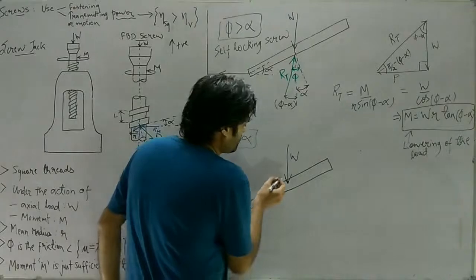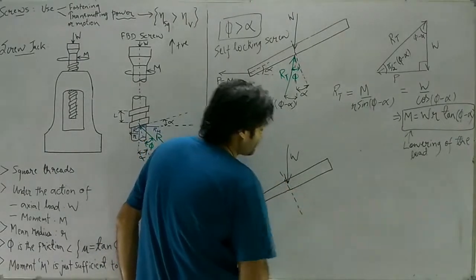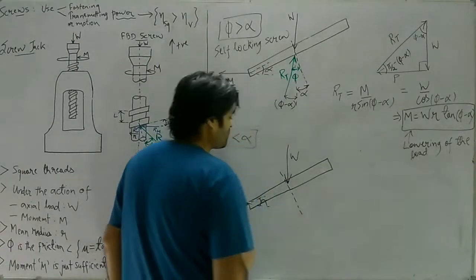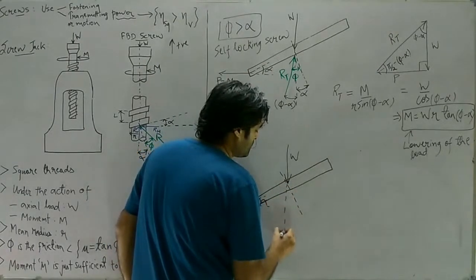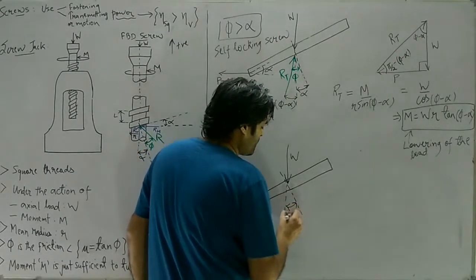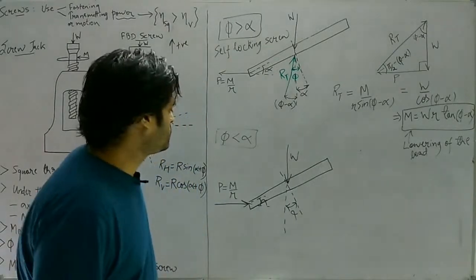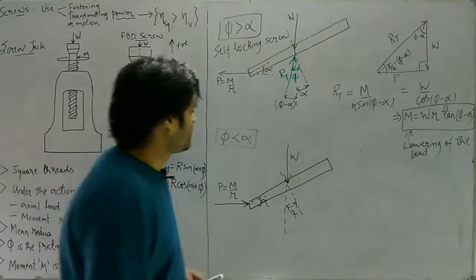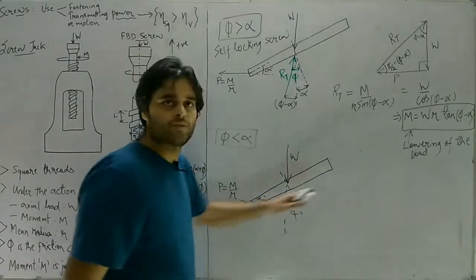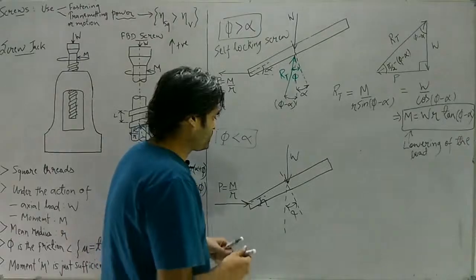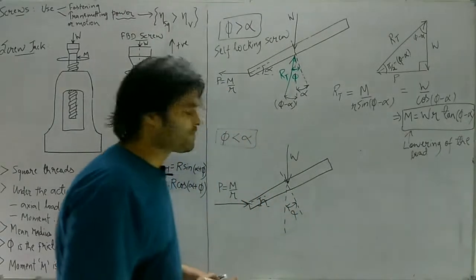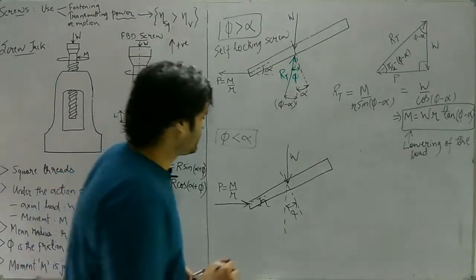Now if this is the common normal and this is the vertical, we have angle alpha between these two. Okay, as this angle is alpha. Now we know that this thread has a tendency to slide down, so frictional force will be upwards. Okay, and we know that phi is less than alpha in this case.